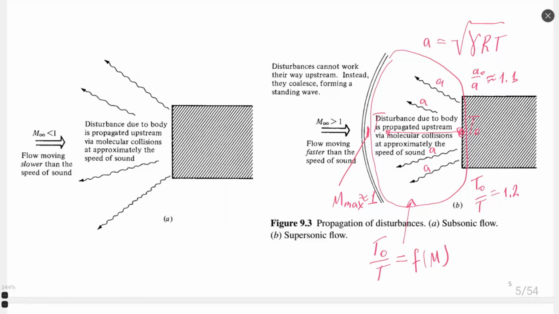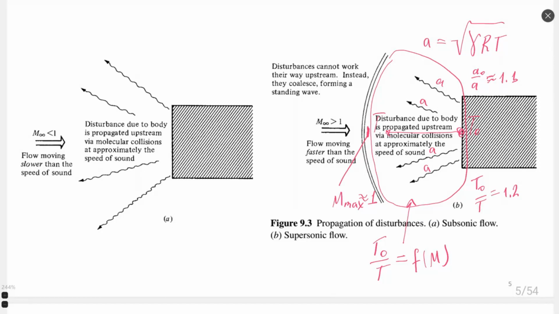We see that the change of speed of sound from the stagnation point to a point close to the shock wave is at most 10%. Not so much, but we have this change of speed of sound. It means that the velocity of propagation of these disturbances in our system is not constant. It cannot be considered constant because 10% is already a considerably high value for such a calculation.